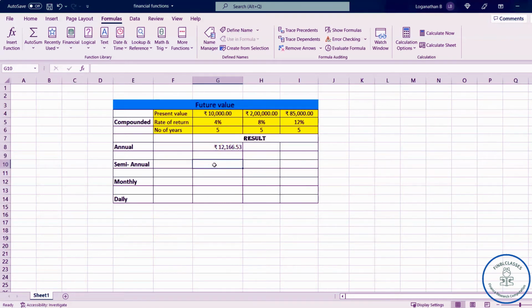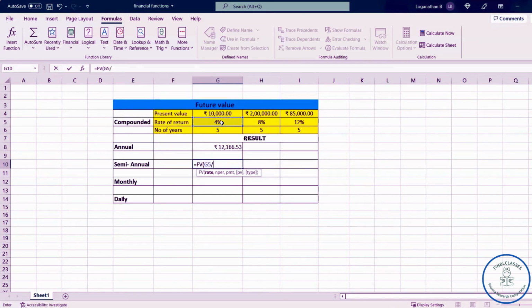In a similar way, we can calculate for semi-annual, where you have to divide the interest and multiply the years by 2, right? So once again we get into the formula equal to FV, future value, rate here is 4%. I'm using the relative reference over here, right?